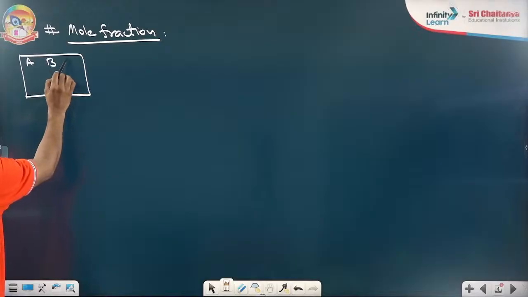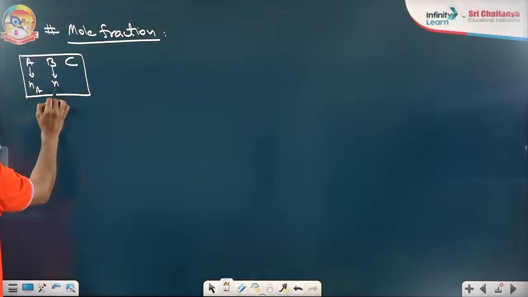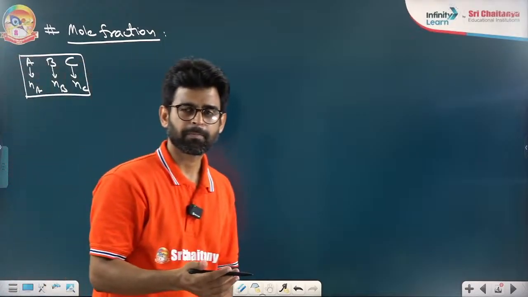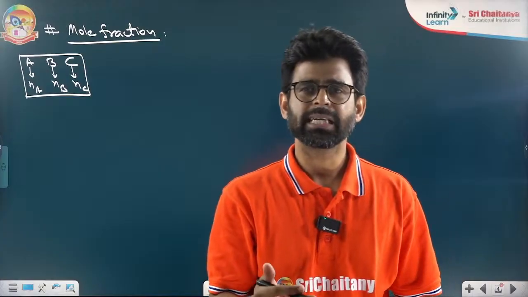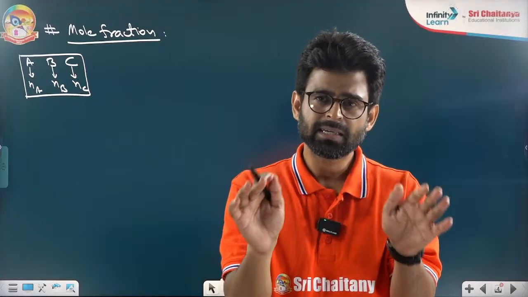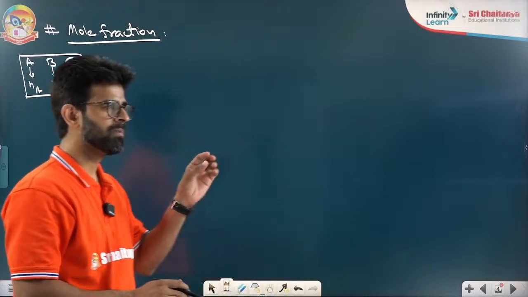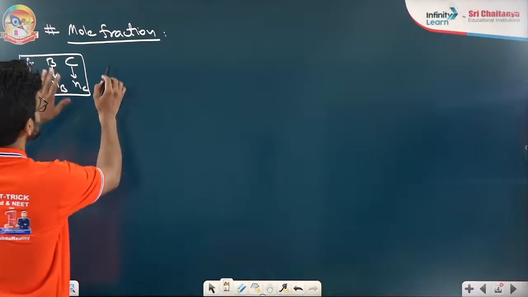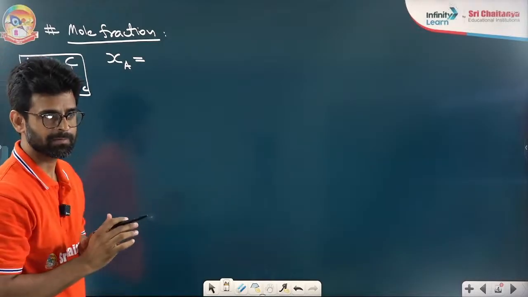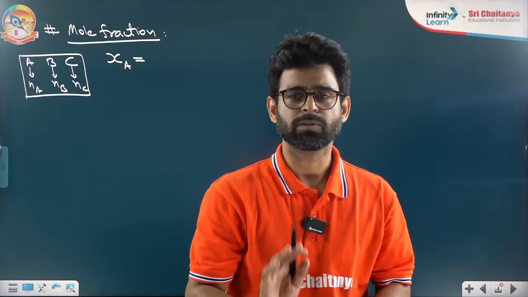First component is A, second is B, third is C. Na are the moles of A, Nb are the moles of B, and Nc are the moles of C. It can be a solution, a mixture, or a box having three gases. Total box has three components, A, B, C. Moles of A given, moles of B given, moles of C given, right? If someone is asking, tell me the mole fraction of A, what does that mean? Mole fraction of A means moles of A divided by total moles.